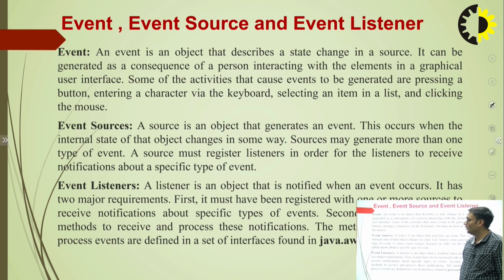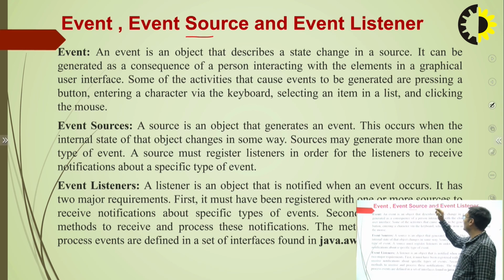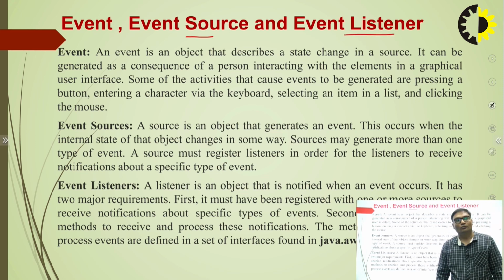Right. So in this way, this mechanism works. Now let's understand what is an event, what are the event sources, and what is an event listener. So an event is an object that describes a state change in the source, and it can be generated as a consequence of a person interacting with an element in a graphical user interface.